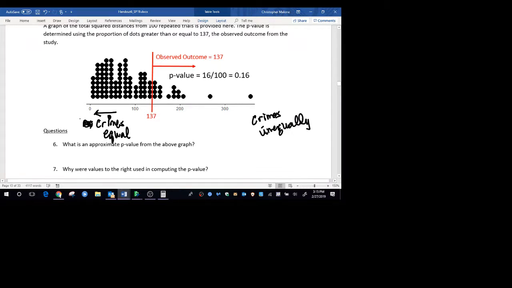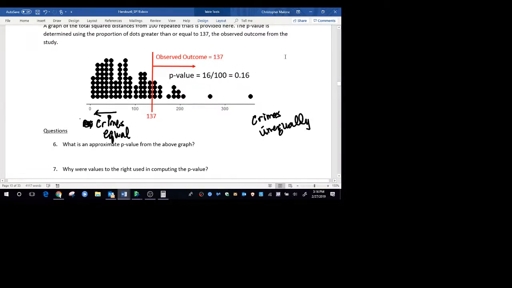So when I'm doing my p-value here, I want values that are as extreme or more extreme that support my research question. Well, values to the right here support my research question. I said today in class that the test we're learning about here in handout number 6 is a two-sided test. And in fact, it is.